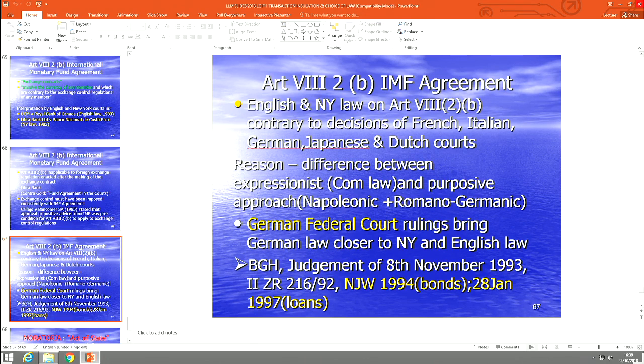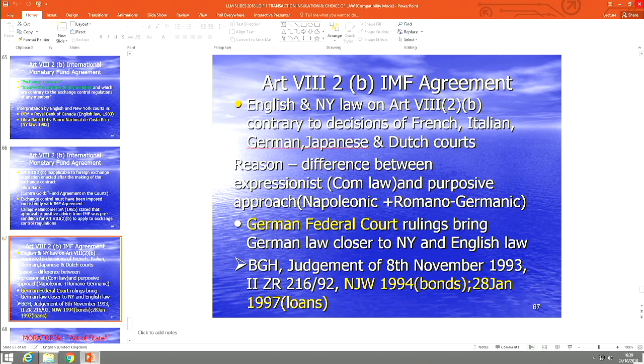What they said, in the two judgments in 1994 and 1997, was that in relation to what they called capital account transactions, Article 8.2b would have no application. But in relation to current account transactions, it would.